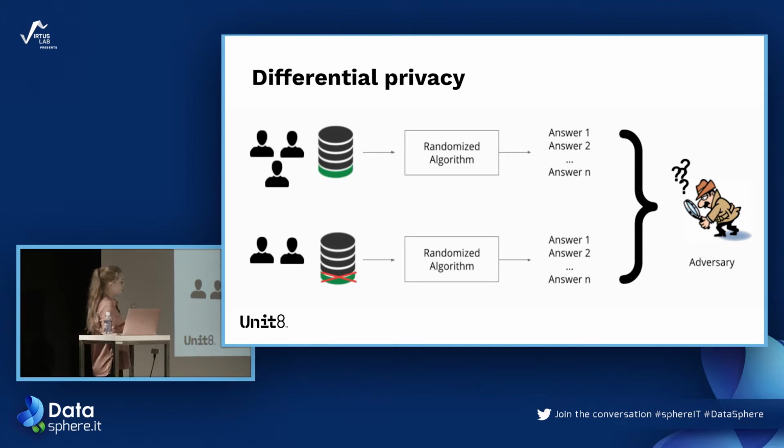In the above illustration, we achieve differential privacy when the adversary is not able to distinguish between the results returned by the randomized algorithm based on the data of all three users and the results returned by the same randomized algorithm based on the data of two of the three users.